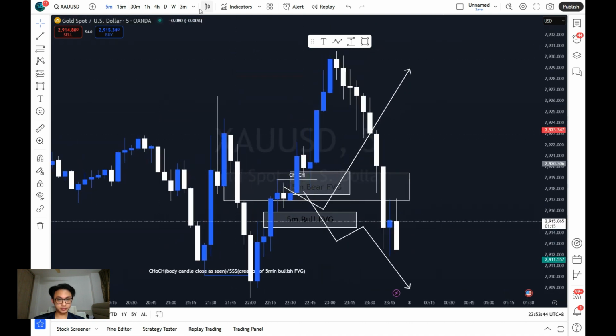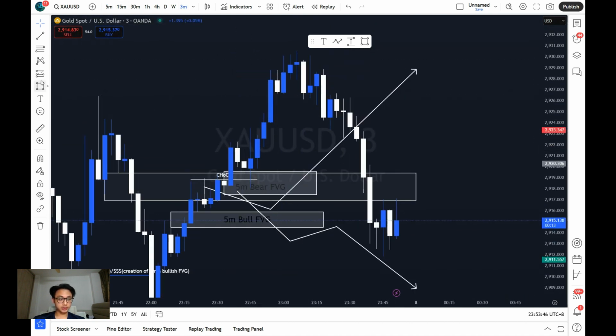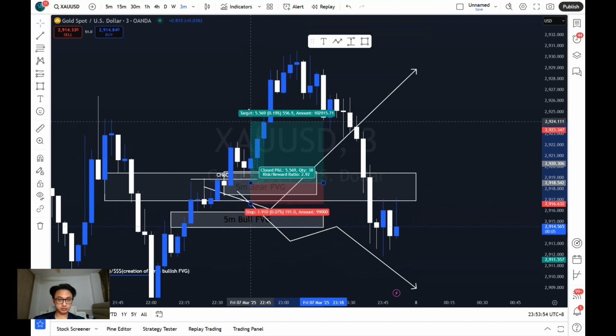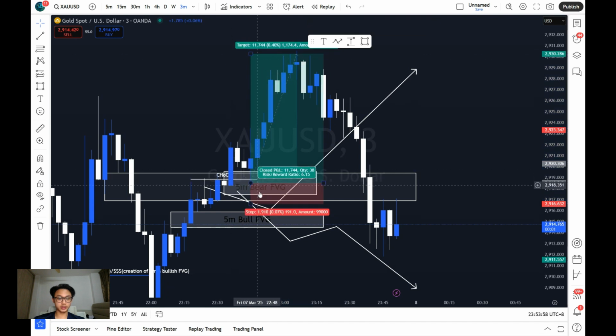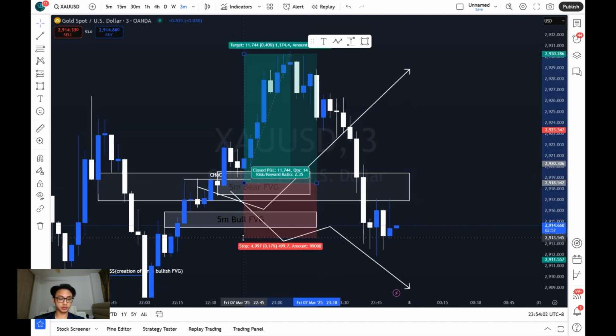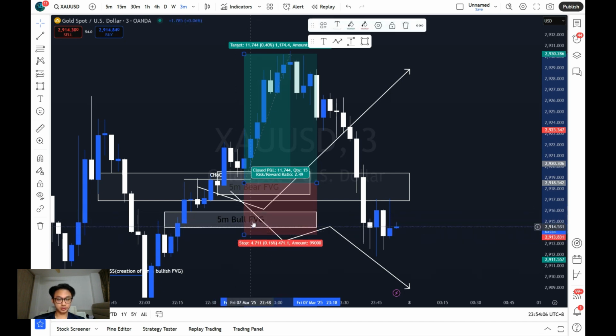So yeah, if we have to look for longs, I guess, yeah, 1:6. But in my opinion, it should be like this. The stop loss should be larger, below the 5 minute bullish fair value gap, right?